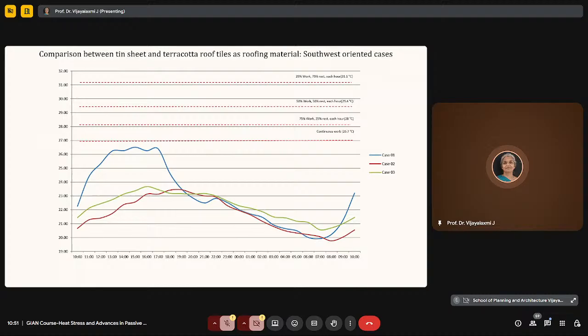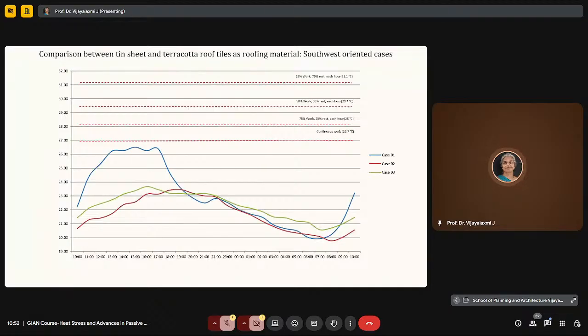But when you ask the users, their criterion for selecting a building material is not just thermal comfort, because they may say that we may be able to spend those discomfort hours with certain equipment, but there are other factors because of which they choose the materials.